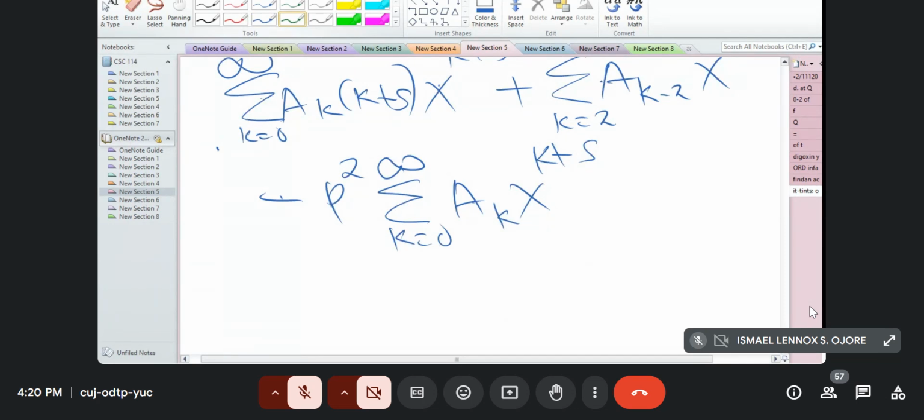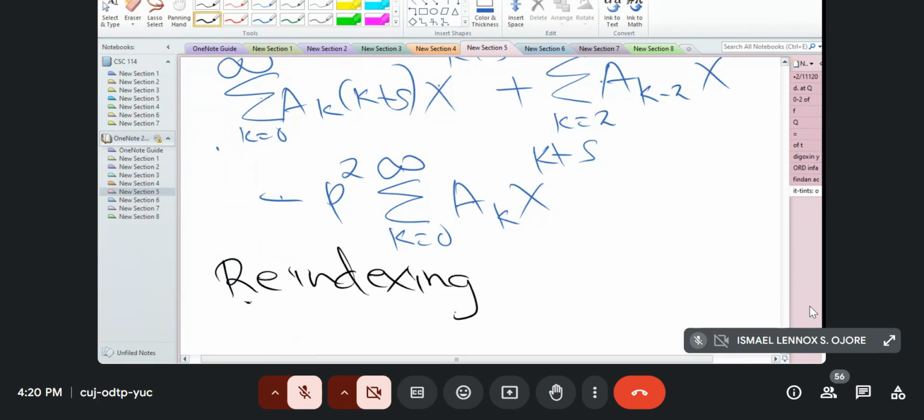Once you're done with setting the powers equal, once you have all the x's raised to the same power, the next thing is you want all your indices to run from the same value. For the first term, k is running from 0 to infinity. For the second term, the same thing. For the third term, k is running from 2 to infinity. For the fourth term, it's 0 to infinity. So the next step is reindexing.